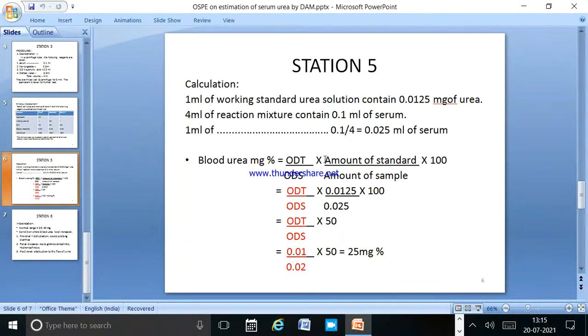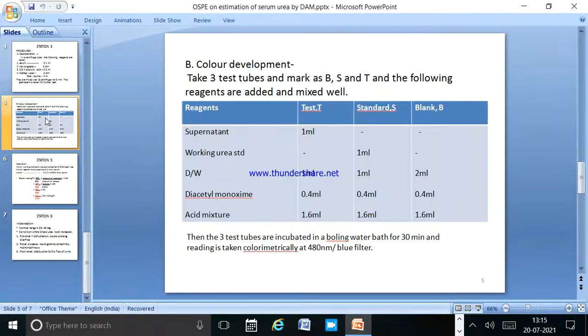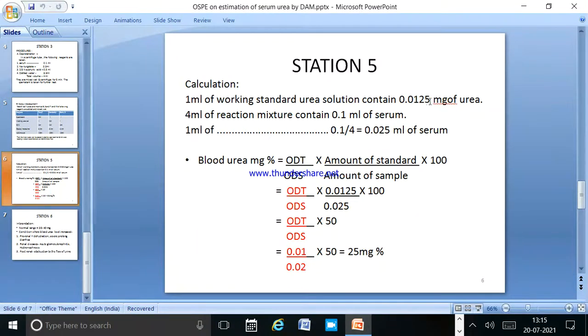Out of these values, we know that the amount of standard is 1 ml of working standard solution used in this procedure, which is 0.0125 mg of urea, as we have seen in the previous slide.